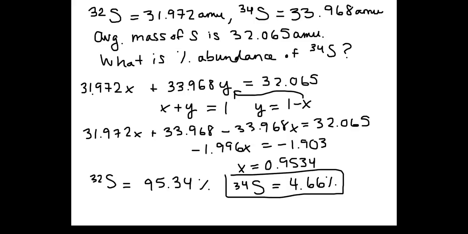Yeah, that's correct. 33.065 minus 33.968, and 31.972. So yeah, it has to be 0.95 here. You had it all correct, but you just used the wrong number.